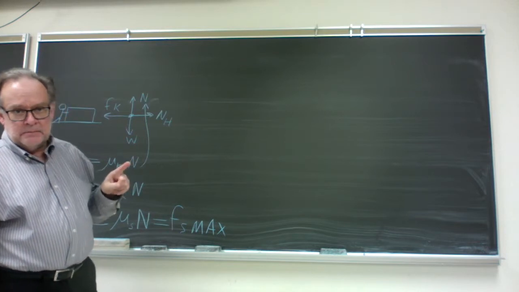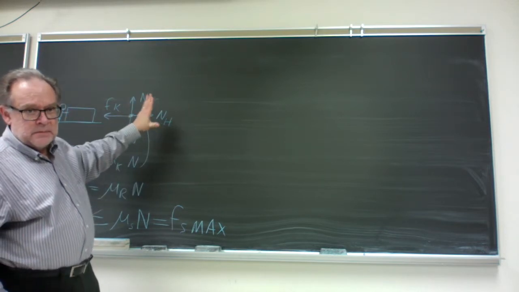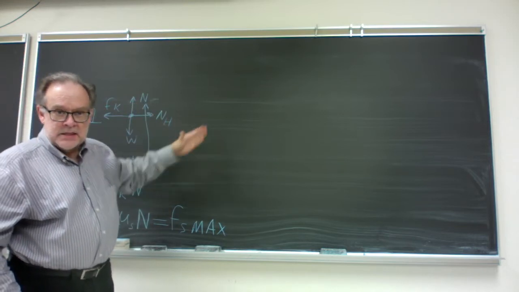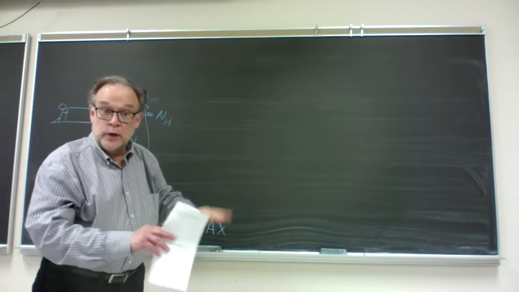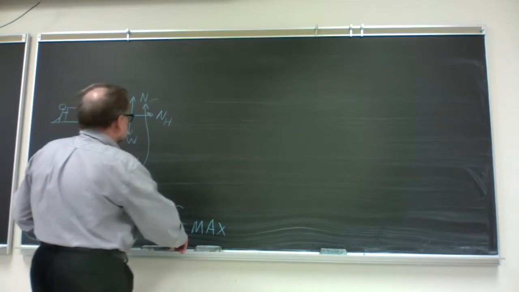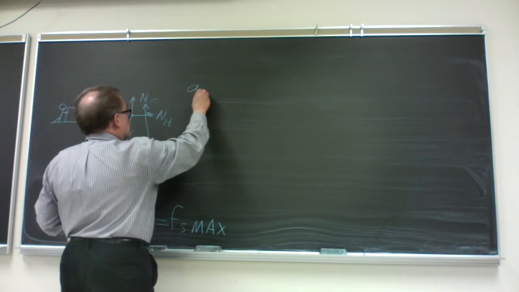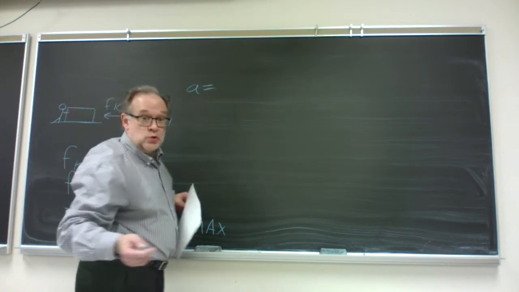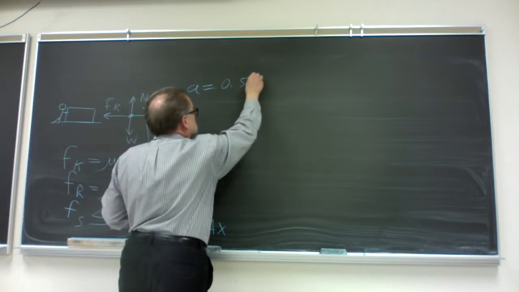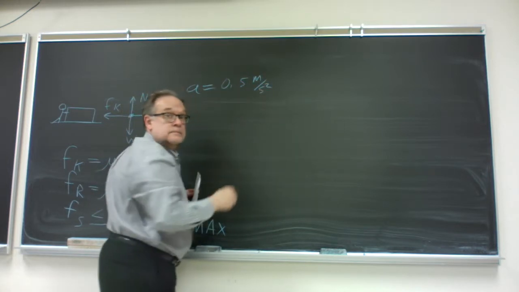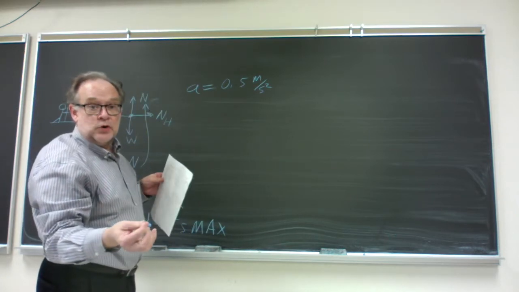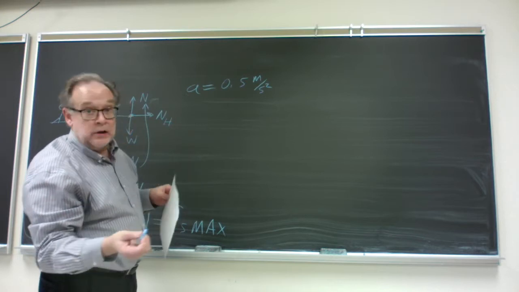But let's say right now I already got this thing moving, and it's accelerating just a little bit. So the crate's acceleration is 1/2 meter per second per second. And the mass of the crate will be 50 kilograms.